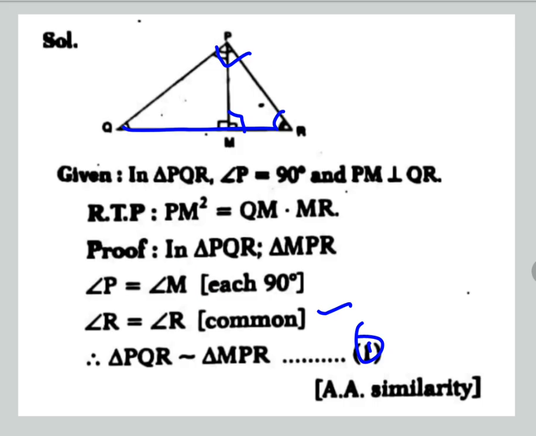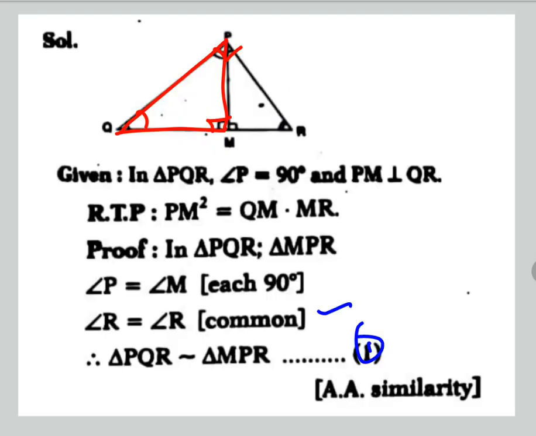And in the same way, take PMQ. This is also a right angle triangle. From this, angle M is 90 degrees, angle P is also 90 degrees, and angle Q is the same for triangle PQR and triangle PMQ.